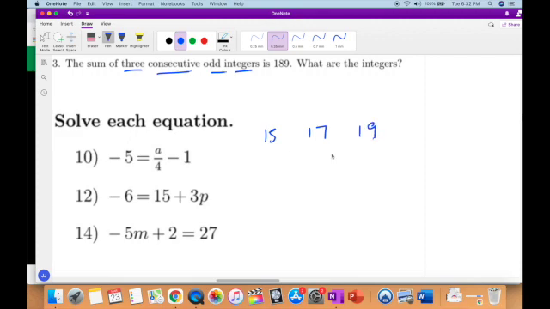They are odd integers, and they're consecutive. And we could see here that to get 15, you just add 2 to get 17, and then you just add 2 again to get 19. So it comes back to the same adding 2 thing.